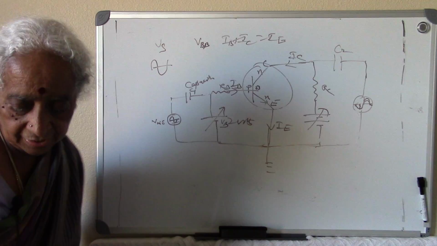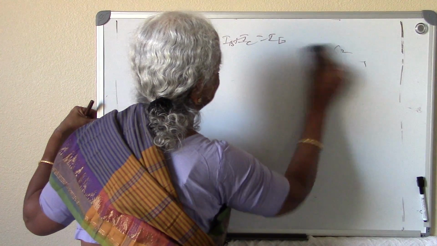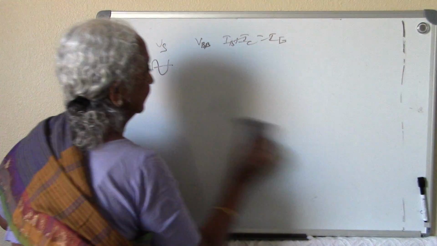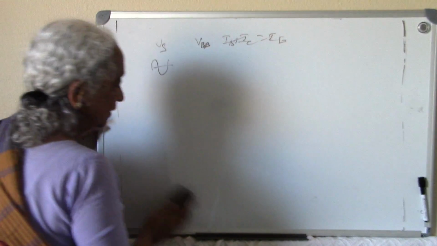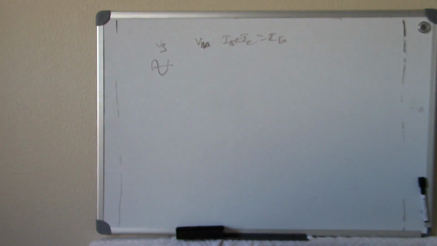Now that you have taken the circuit, for the mathematical part of the whole thing I require the space for that, so you can refer to your own circuit diagram.